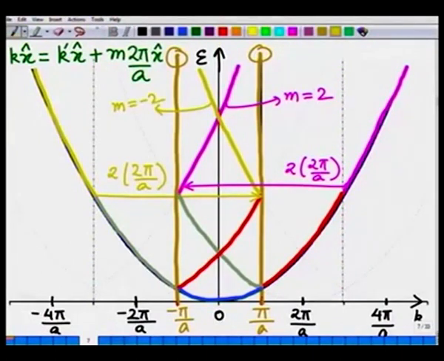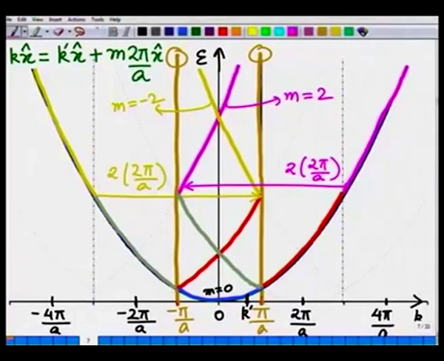So, you can see that every portion of this parabola we can keep shifting into the first Brillouin zone. Essentially, if I take a value of k prime, let us say this value, and I read m equal to 0 right here, then all I need to do is take the square of k prime, and I can get this energy which I just plotted out here.